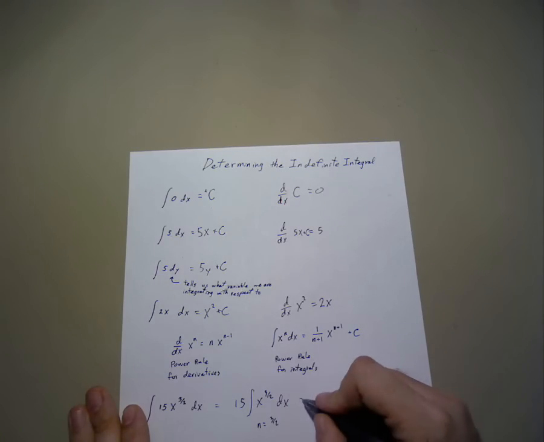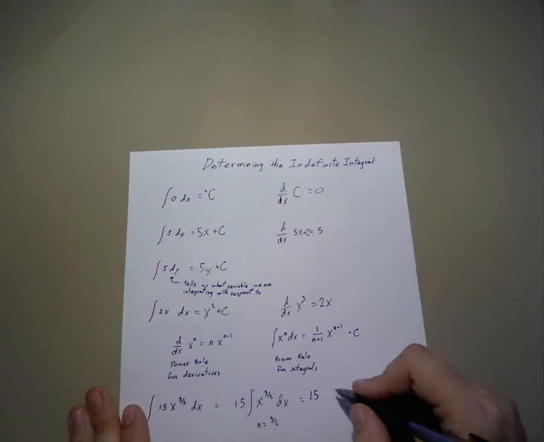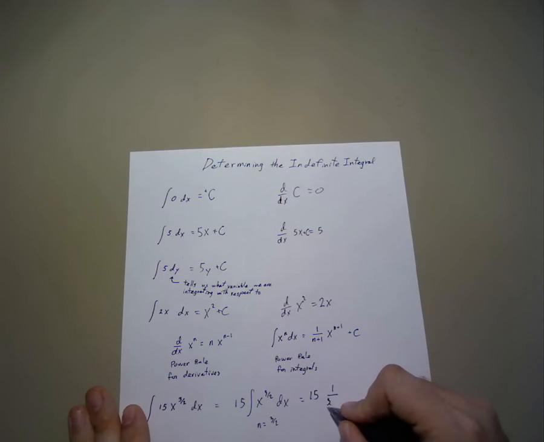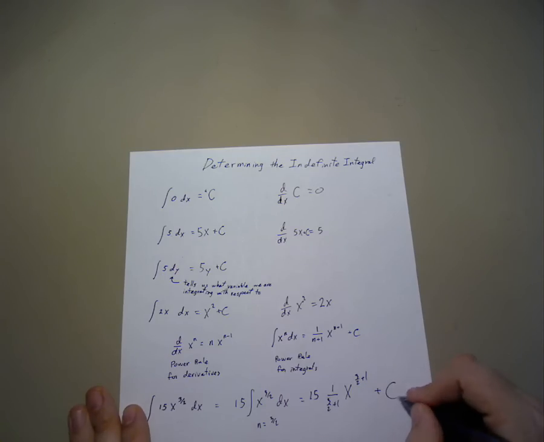So we get 15 times 1 over n, that's going to be 3 over 2 plus 1, times x to the 3 over 2 plus 1, plus c, to the whole affair.